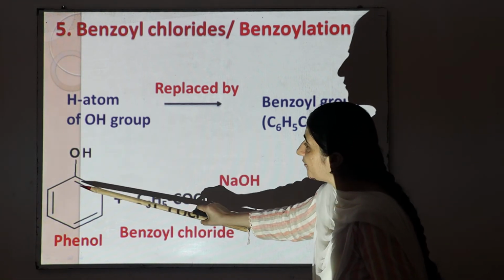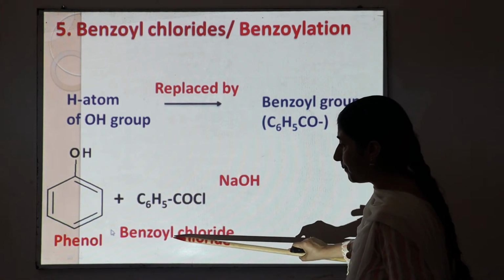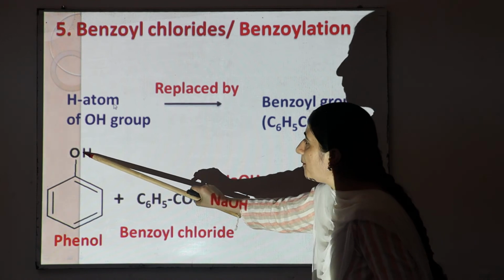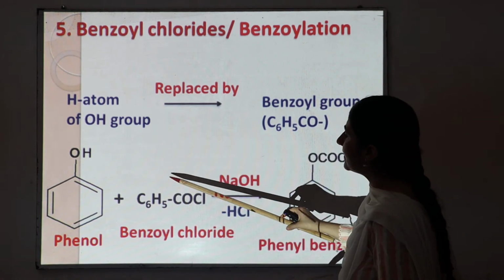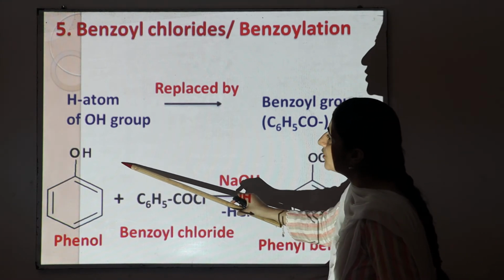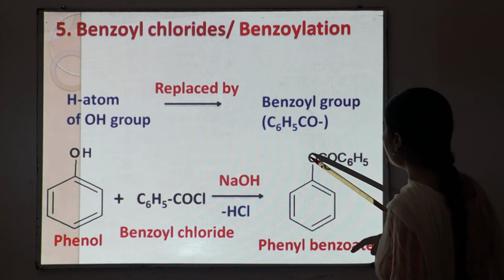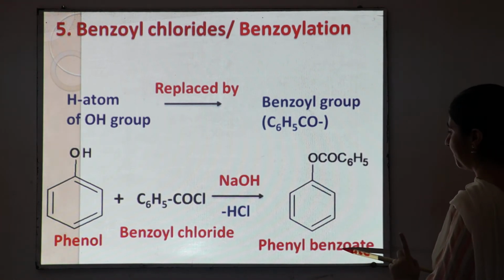Then H positive from the phenol combines with Cl negative of the benzoyl chloride to form HCl, and the remaining group, C6H5CO, is attached to the phenolic oxygen to form an ester again, which is known as phenyl benzoate.